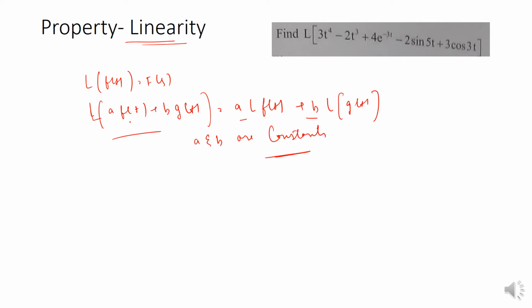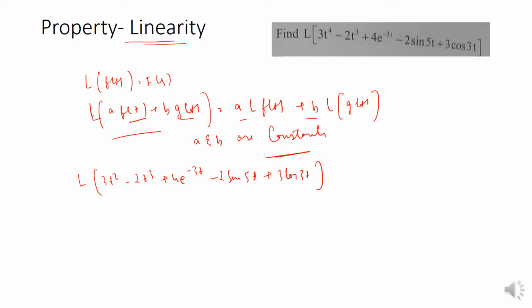So you have two functions f of t and g of t, and you want to find the Laplace transform of this, then you get a into the Laplace transform of f of t plus b into the Laplace transform of g of t. Similarly, here the question is that I want to find the Laplace transform of 3t square minus 2t cube plus 4e power minus 3t minus 2 sine 5t plus 3 cos 3t.